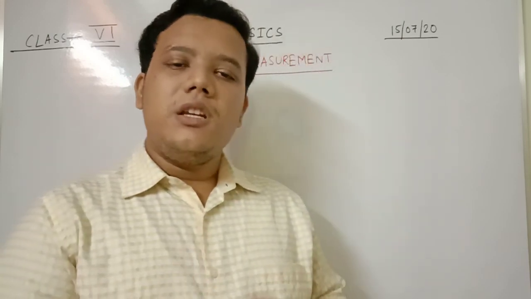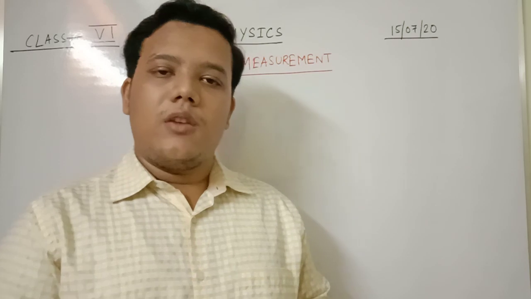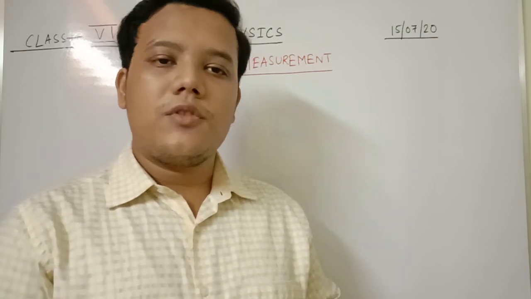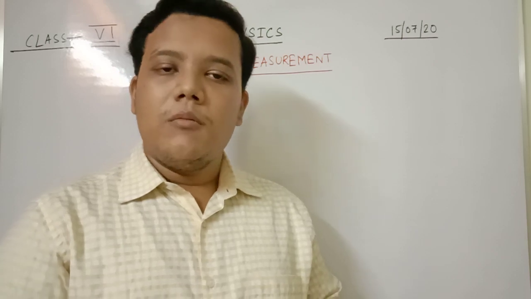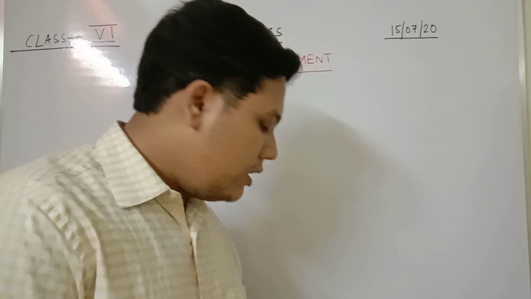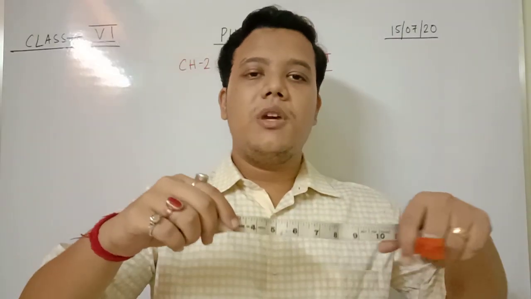So why is there a need for measurement? Suppose you go to a tailor shop and ask him to stitch a shirt. He will ask you the measurement of your shirt, and if you cannot tell him, he will use this kind of tape. This is called a measuring tape.